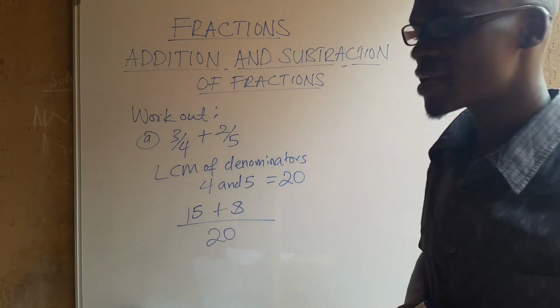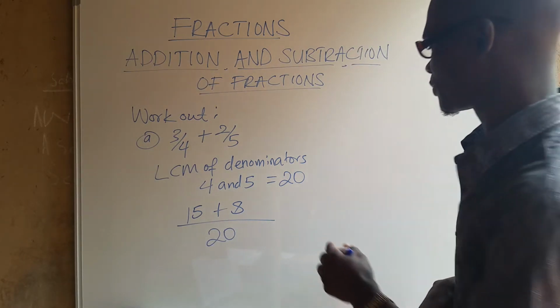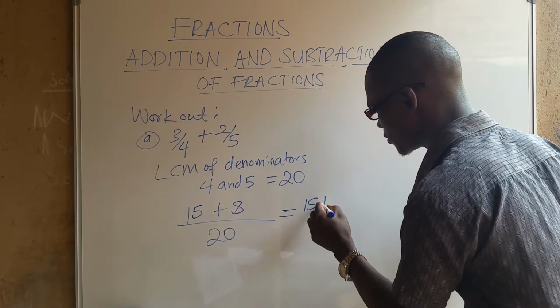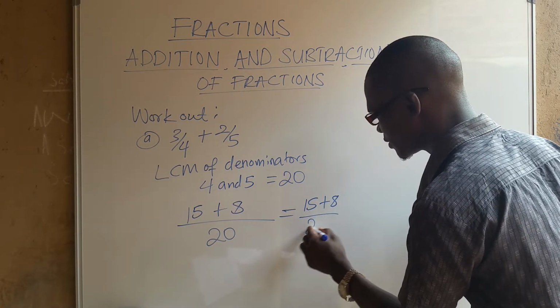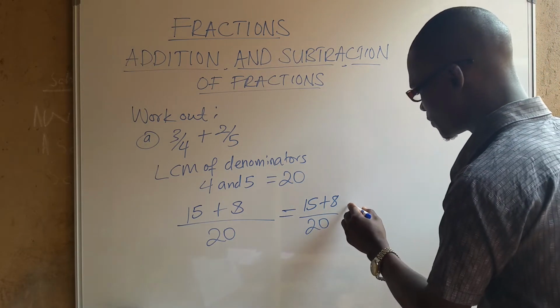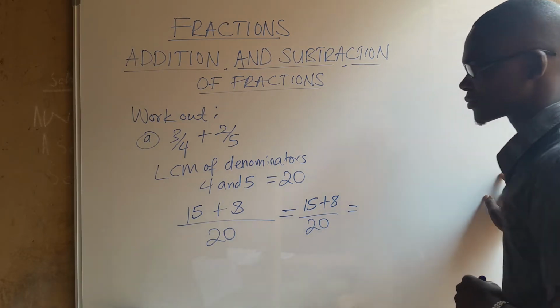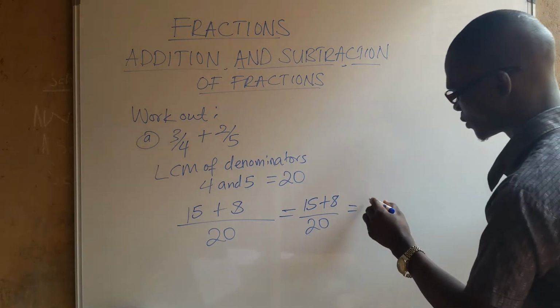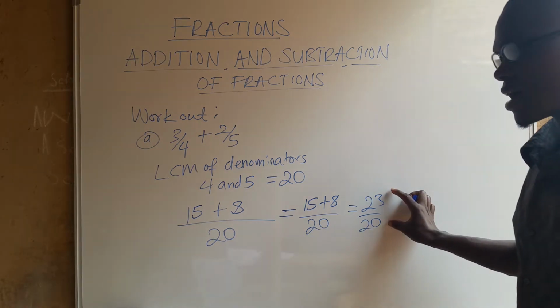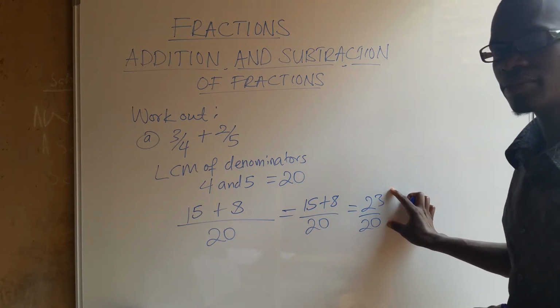So that gives us 15 plus 8 over 20, which is 23 over 20, and this is an improper fraction.